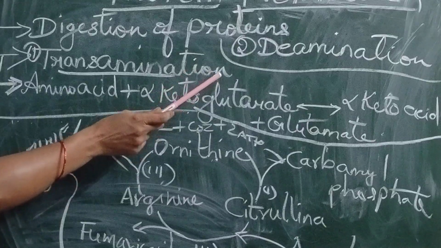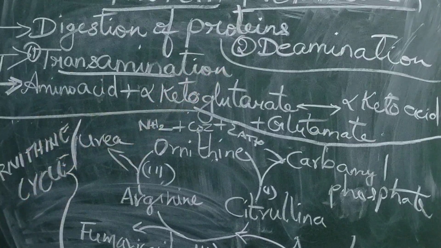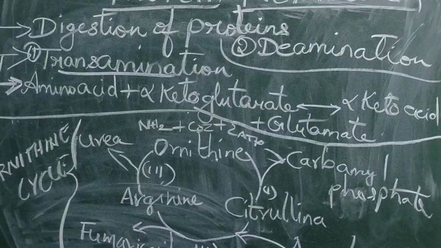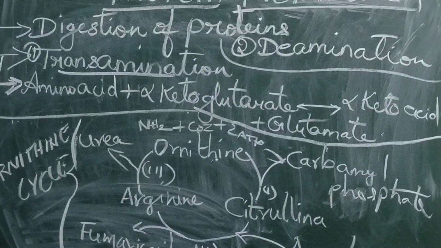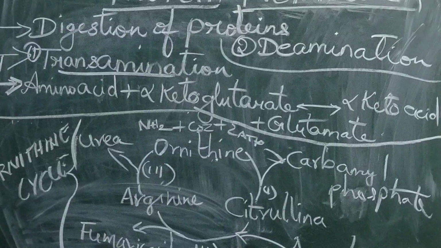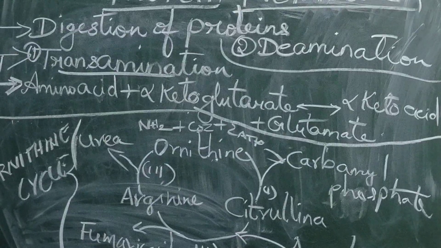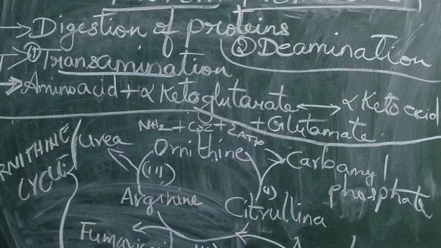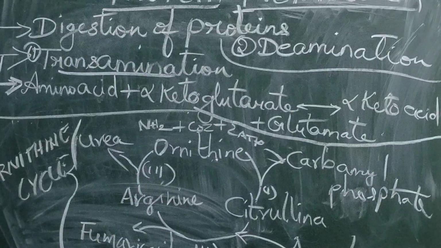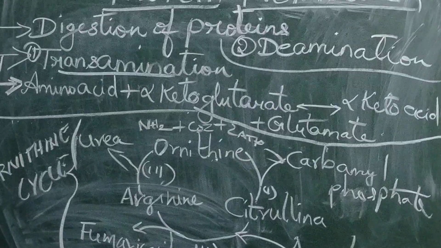Next, number 2, deamination. What is deamination? Deamination is a bodily process in which amino groups are removed from excess amino acids. This happens most often in the liver, though it also occurs in the kidneys.